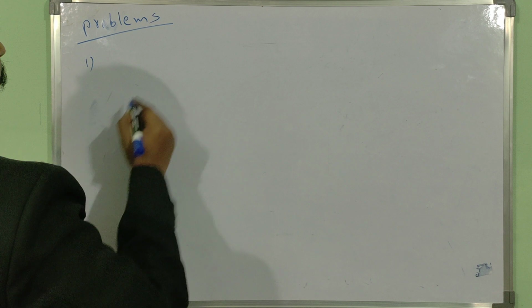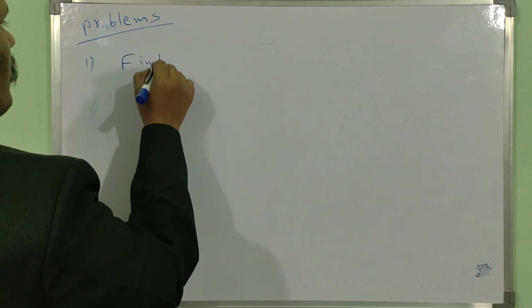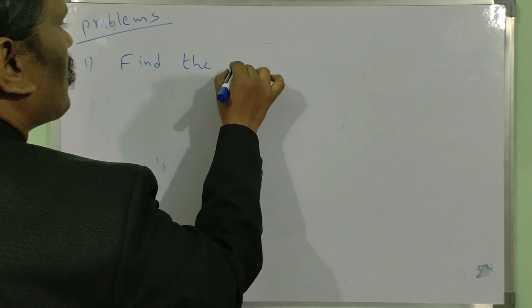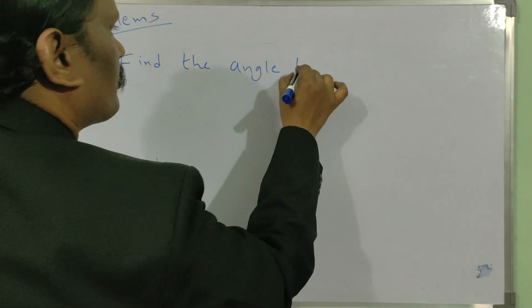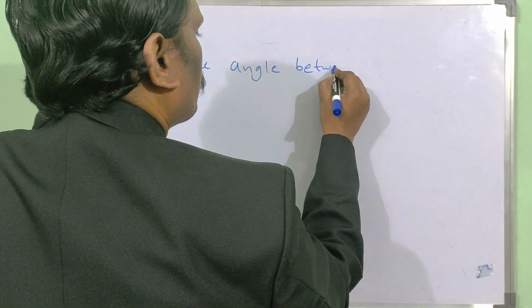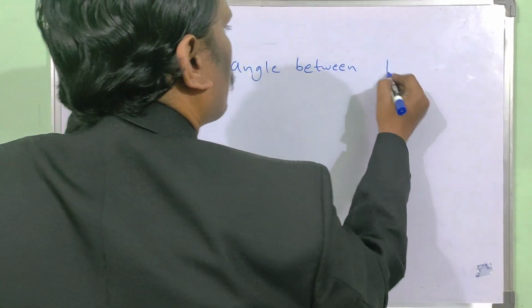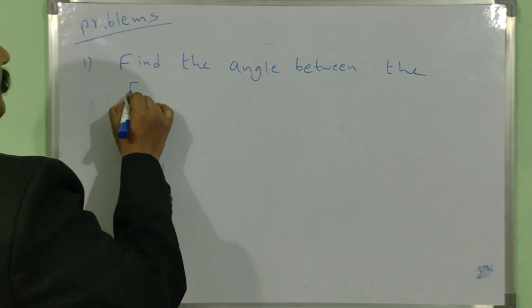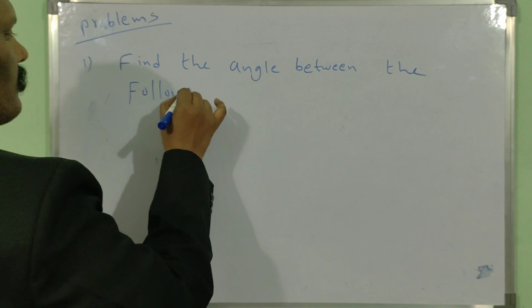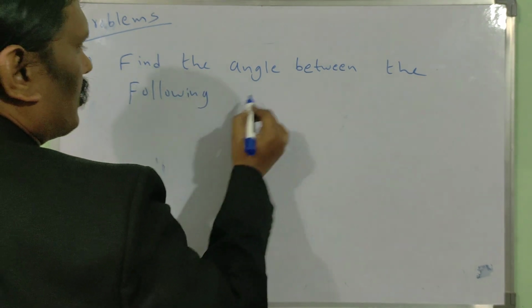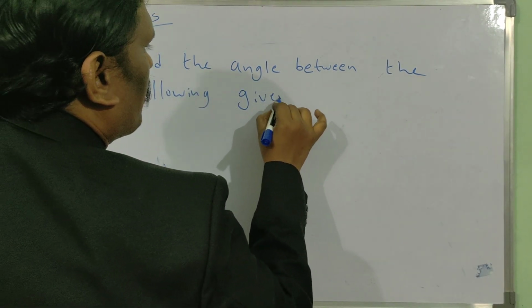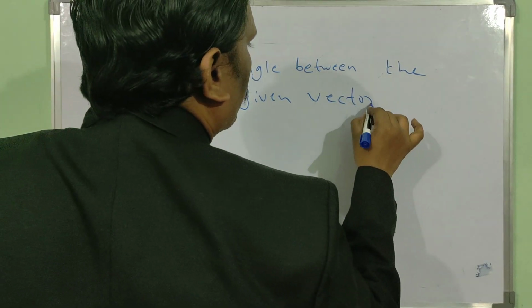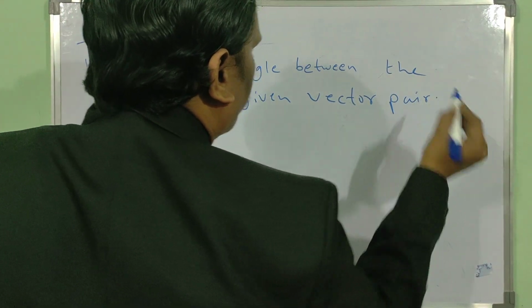First problem. Find the angle between the following given vector pairs.